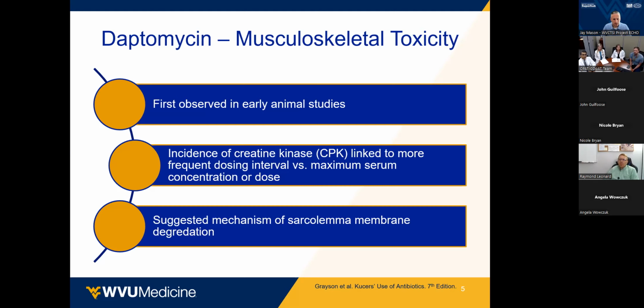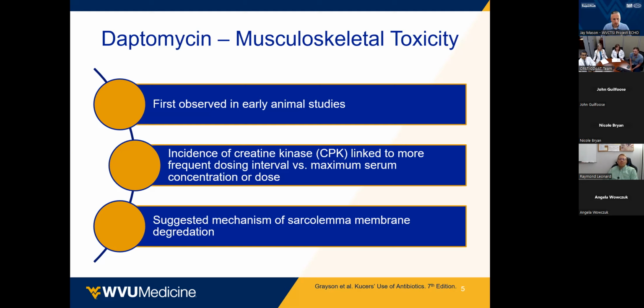So I think a common misconception might be that we stray away, or are a little hesitant, whenever a higher dose of daptomycin might be indicated, because we're concerned the higher dose could potentially precipitate CK elevations. But what's been observed thus far is that it's likely more related to dosing interval. The reason for this is suspected to be the following.